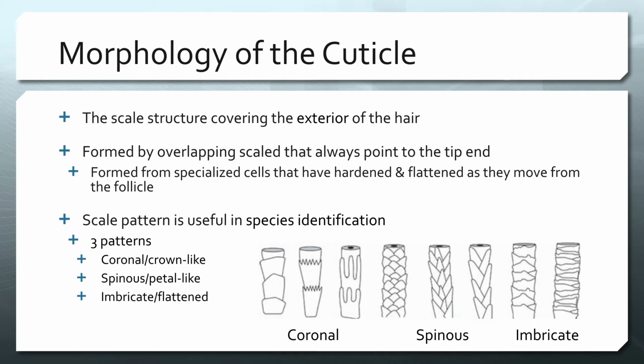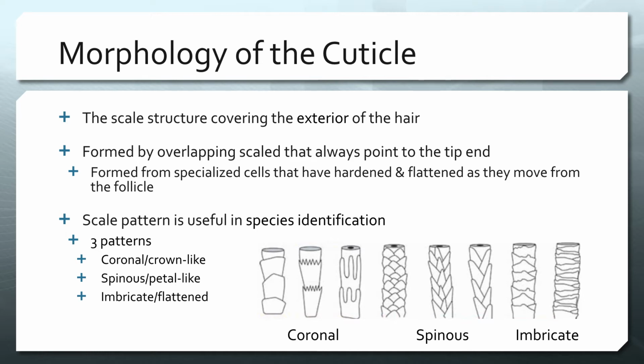Much of the resistance of hair to chemical decomposition is contributed by the cuticle. It's formed by overlapping scales that always point to the tip end. It's formed by specialized cells that have hardened and flattened as they move from the follicle.